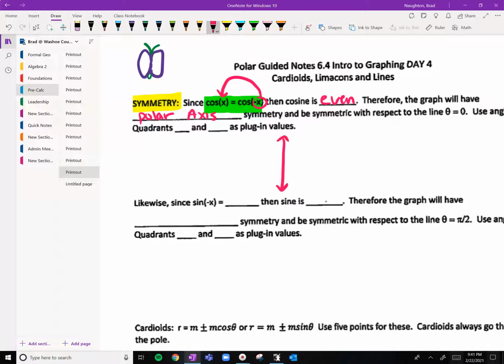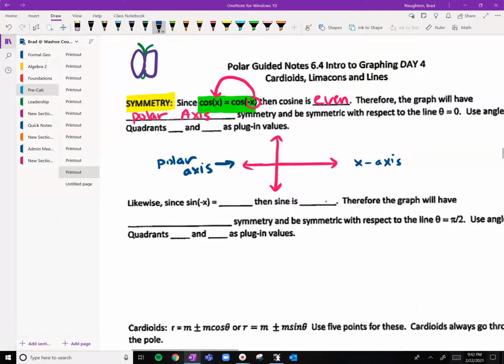So to tie it into what we just got done doing, the polar axis. Some would say that that is our x axis in rectangular mode, but it's our polar axis when we are in polar.